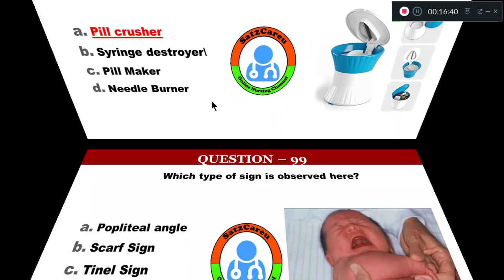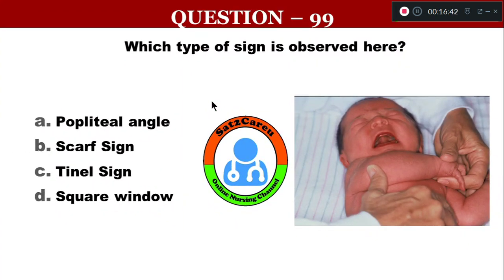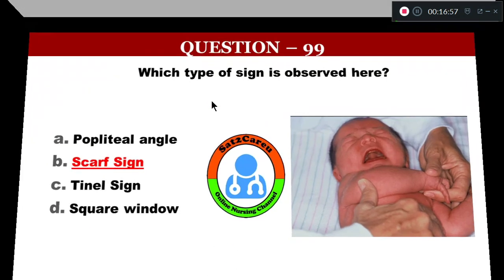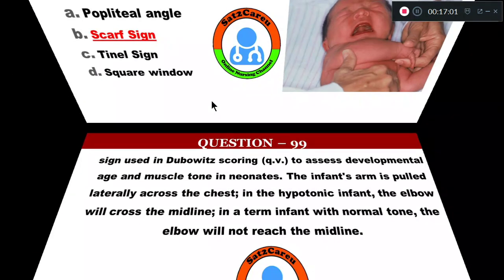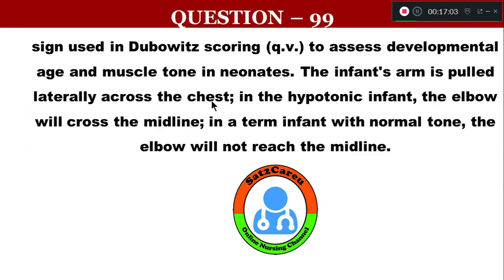Question number 99. Which type of sign is observed here? Option A, popliteal angle. B, scarf sign. C, Tinel sign. Option D, square window. So the sign observed in this photograph is option B, scarf sign. This is the sign used in Dubowitz scoring.